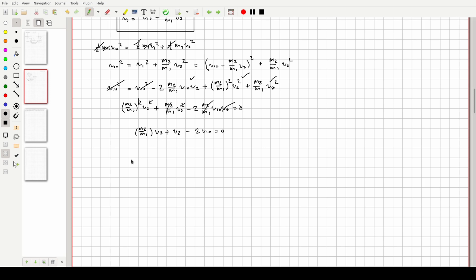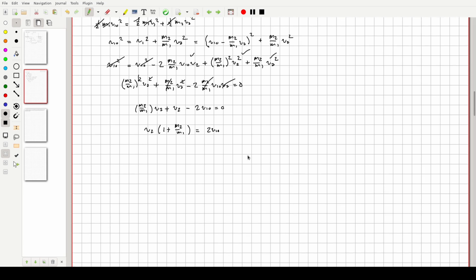So let me group these V2s together. You get that. I'm going to move this to the right-hand side. You get that. Now I'm going to divide both sides by this right here.